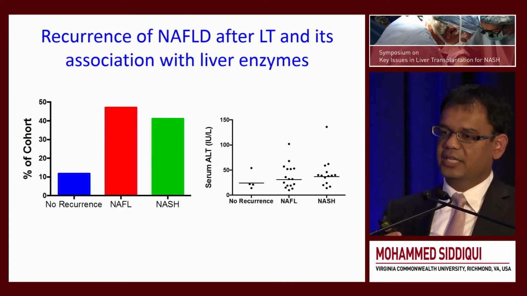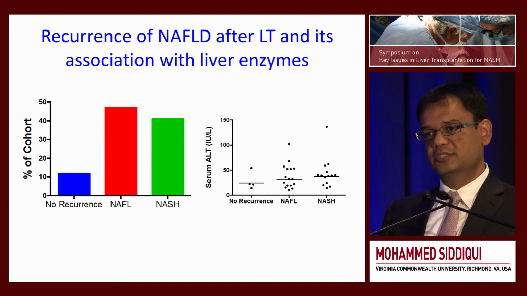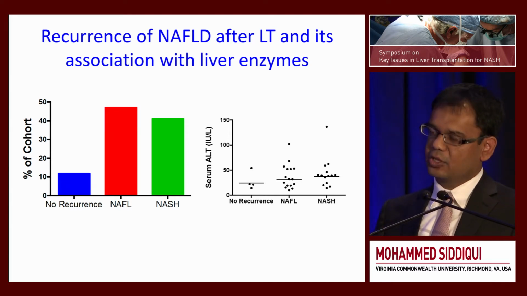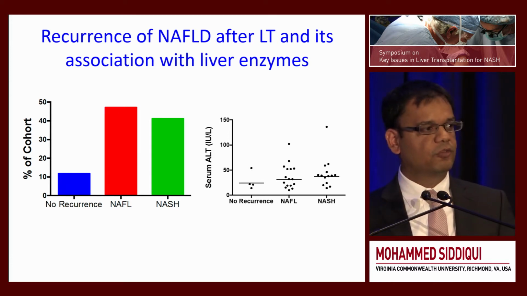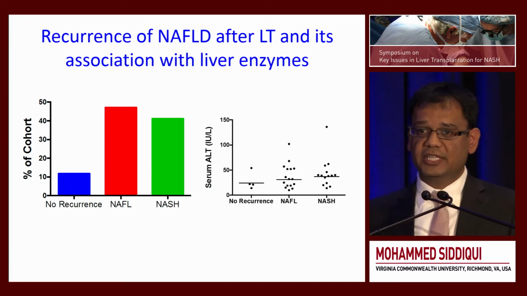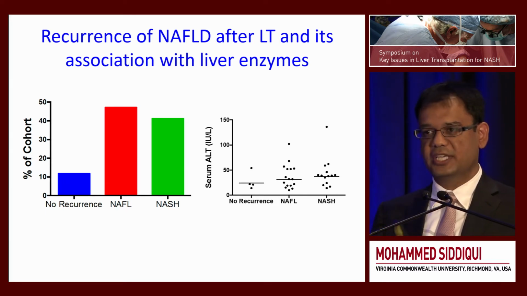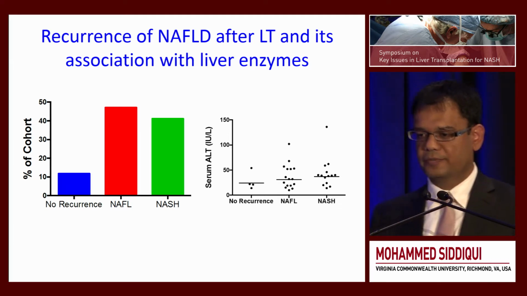So it should be no surprise, and this was presented this year at the meeting, that close to 90% of patients develop non-alcoholic fatty liver disease after liver transplantation, after a median follow-up of almost 9 years. Not only that, but 45% of these patients develop non-alcoholic steatohepatitis, and about a quarter develop advanced fibrosis characterized by F3 to F4.